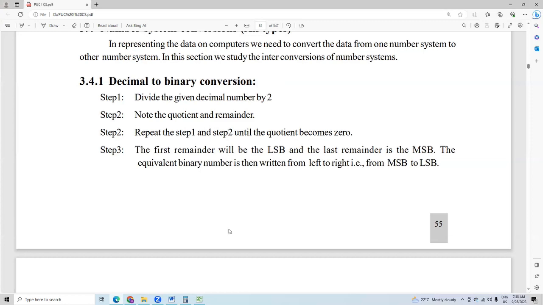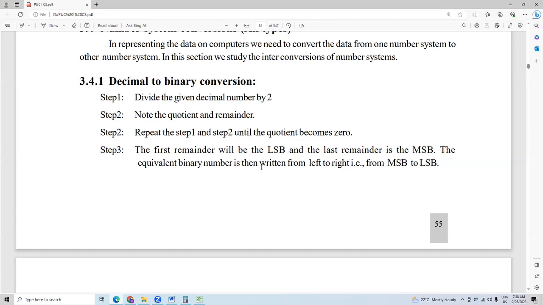Sorry, it should be divided by 2. Not every digit, the whole number has to be divided by 2. Divide the given decimal number by 2. Second step, note the quotient and remainder. Third step, repeat step 1 and step 2 until the quotient becomes 0.